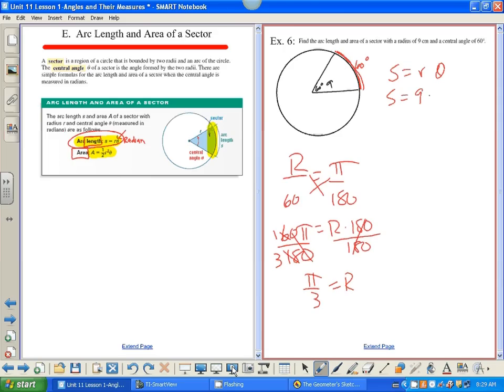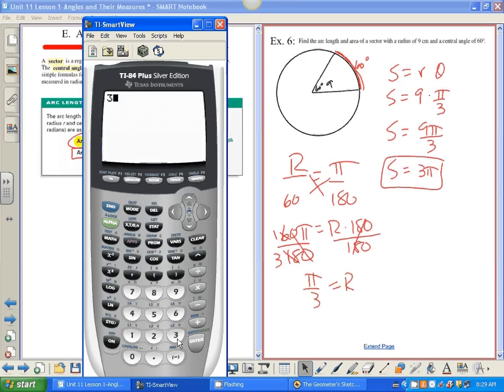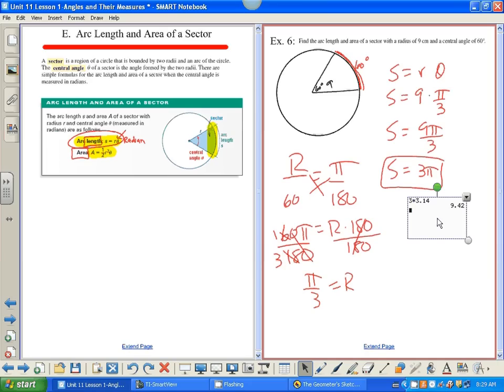So my radian measure is pi over 3. Okay, so my arc length in terms of pi is 9 pi over 3, which is 3 pi. Okay, and for those of you that need a little bit more concrete, if I take 3 times 3.14, that means that arc length is approximately 9.42 units.